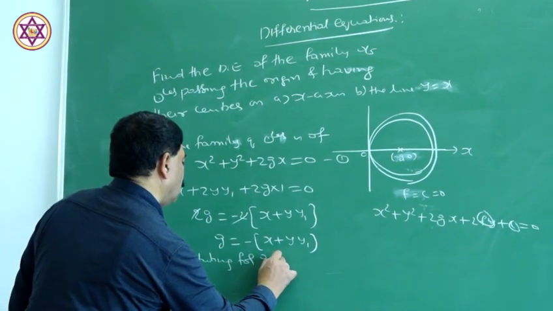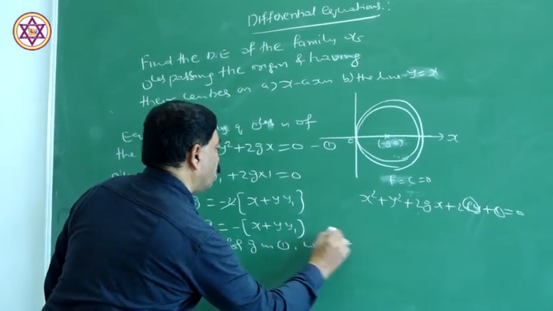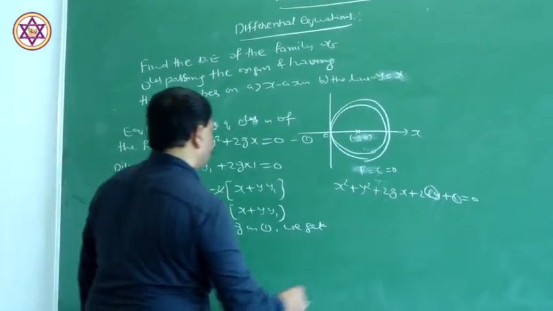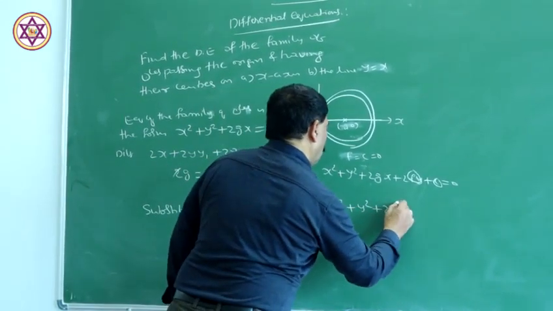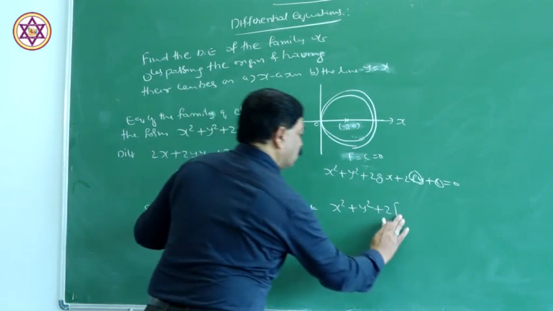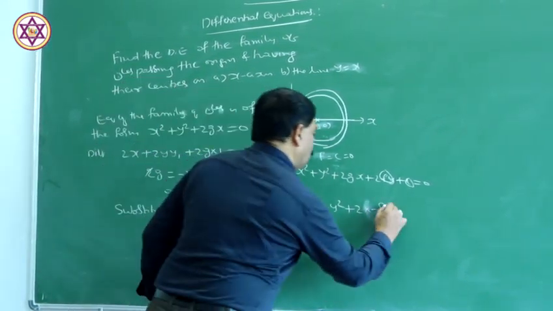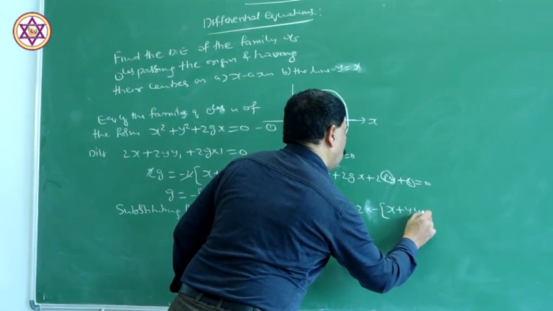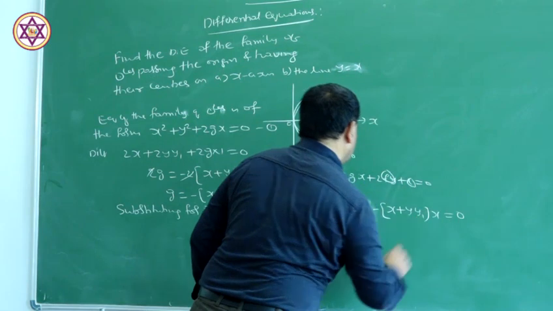Substituting for g in equation 1, we get x squared plus y square plus 2 into g, where instead of g I am taking minus of (x plus y y1), into x is equal to 0.